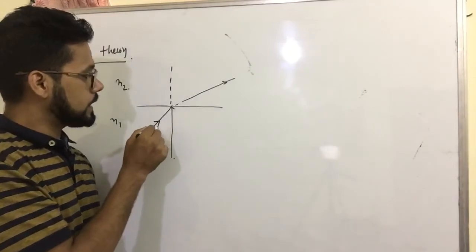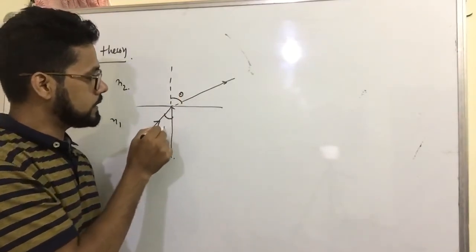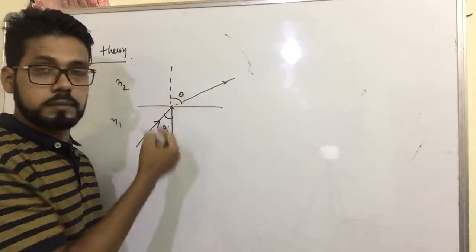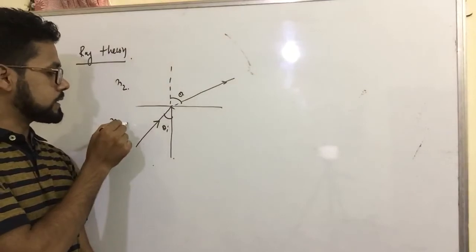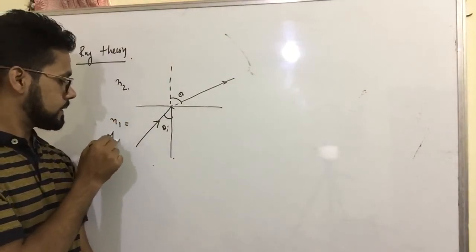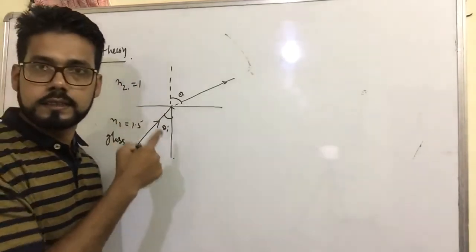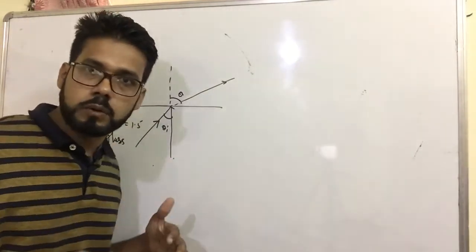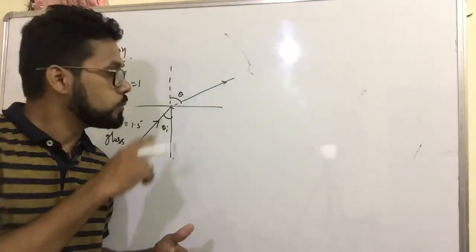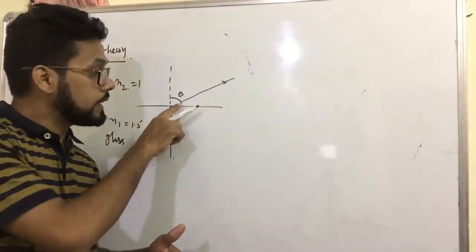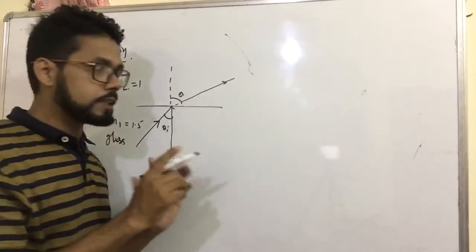This is the incident angle and this is the refracted angle. Now suppose this is glass with refractive index 1.5, and this is air with 1. Whenever electromagnetic radiation moves from a higher refractive index medium, the denser medium, to the lower density medium, the ray is deviated away from the normal. It is a general rule.